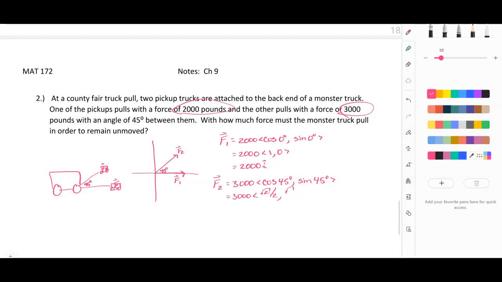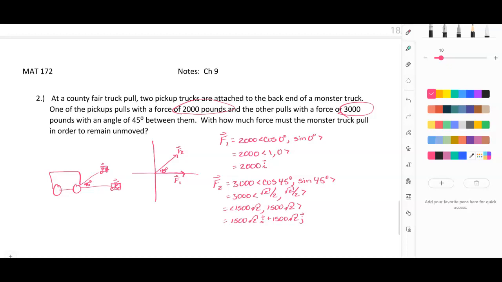Sine of 45 is square root of 2 over 2. So this is going to be 1,500 square root of 2, 1,500 square root of 2. In ij notation, this is 1,500 square root of 2 i plus 1,500 square root of 2 j.